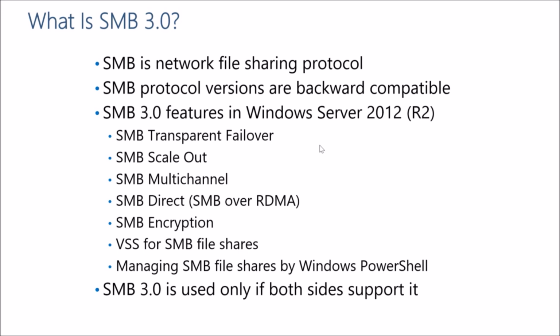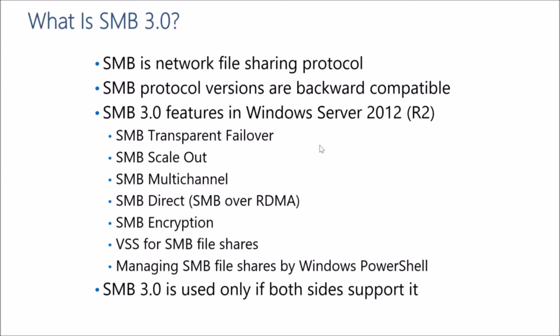It's version 3.0, so that's not your typical Microsoft share. It's a version 3 share. What does that mean? Version 3 supports scale-out file servers. You can use multiple channels, which means you can communicate a lot faster.